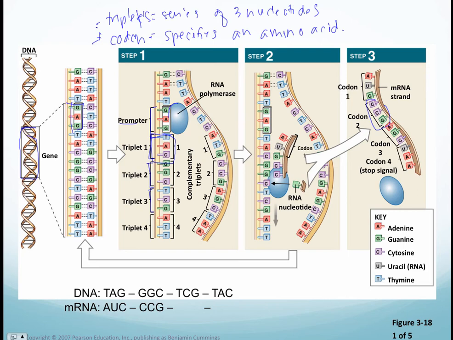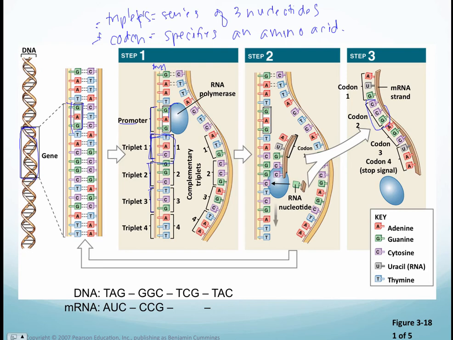Our G, we're going to have what? G is on DNA. Here's our DNA strand, and here's our RNA strand that we're going to form. G will be with a C, A will be with a U, G will be with a C. The next, what are we going to have?